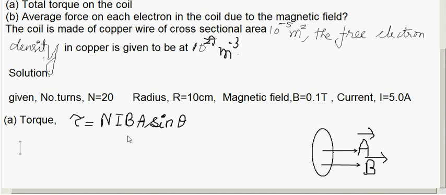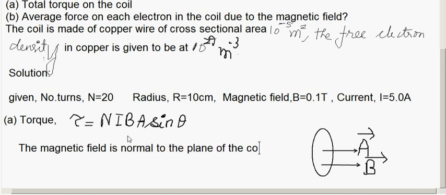We will make a note of it. The magnetic field is normal to the plane of the coil. Therefore the angle between A and B is 0, I can write theta is 0.